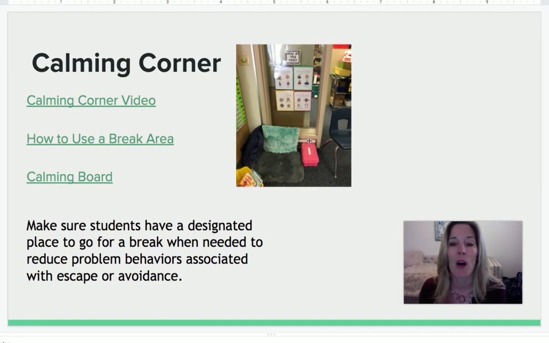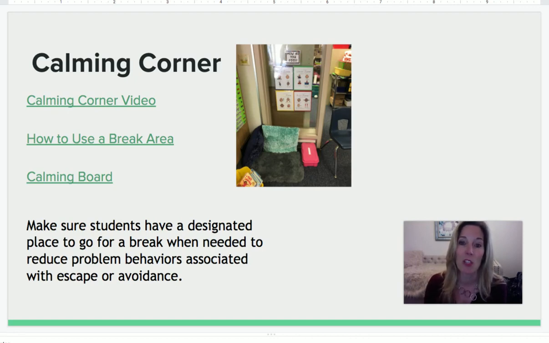This little box here maybe has calming strategy cards, exercise cards, breathing cards. It has maybe some manipulatives to squeeze, something like little puzzles to get your mind off of whatever's happening at that moment. It's most likely a timer, because you always want to teach your students to use timers here.